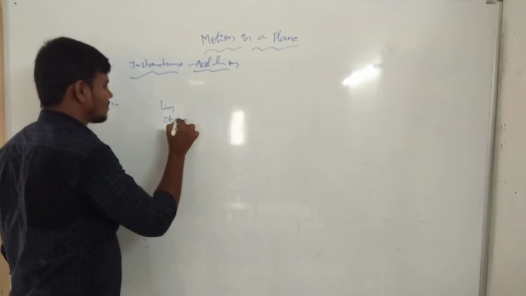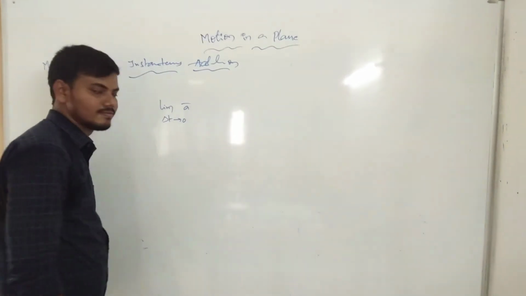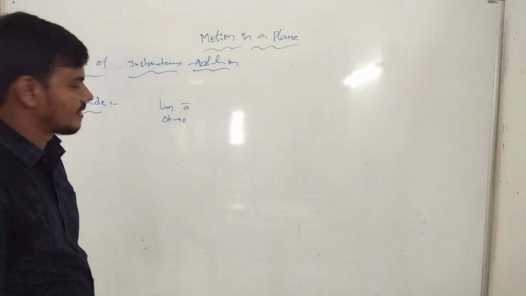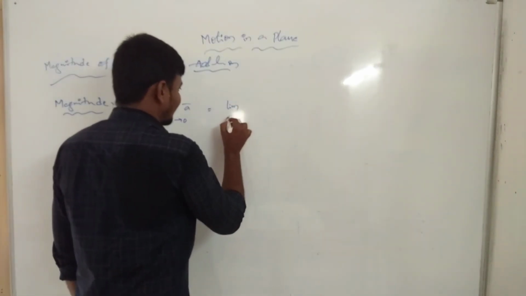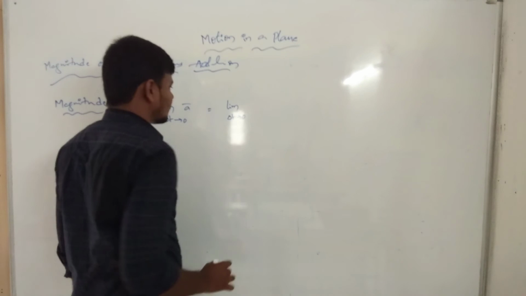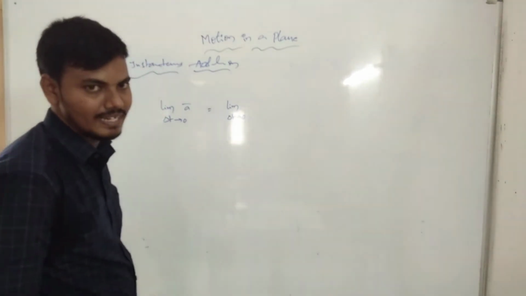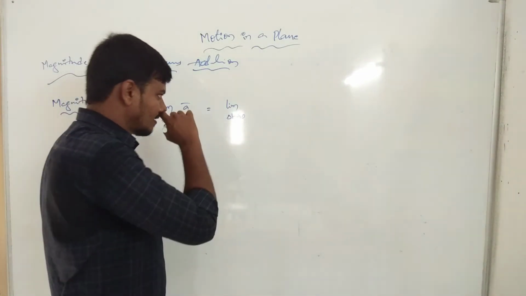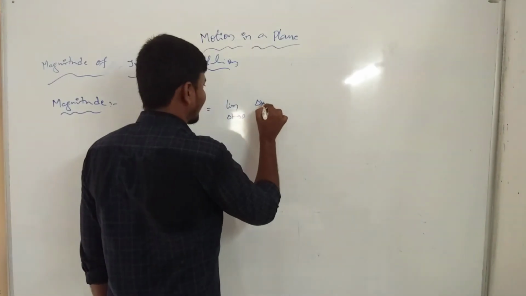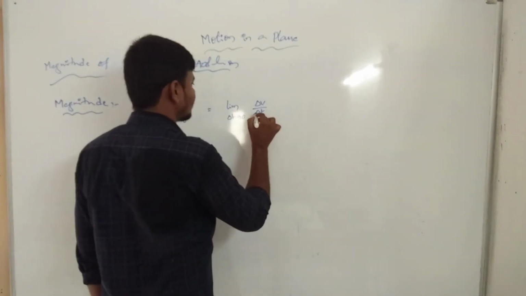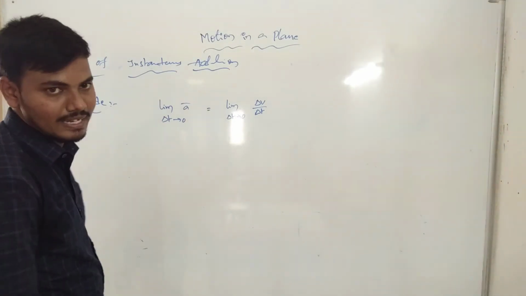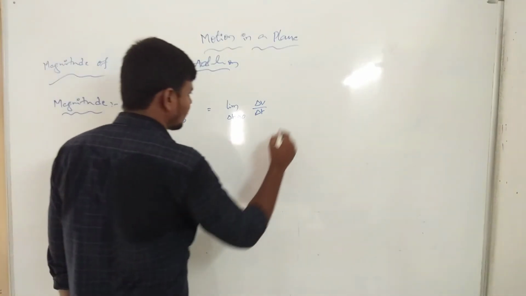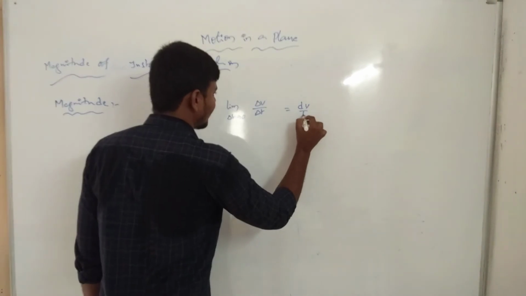Limit delta t tends to 0 with acceleration a bar. The acceleration a bar equals limit as delta t tends to 0. The acceleration means we are taking the rate of change of velocity. Now we take delta v by delta t, which is equal to dv by dt.